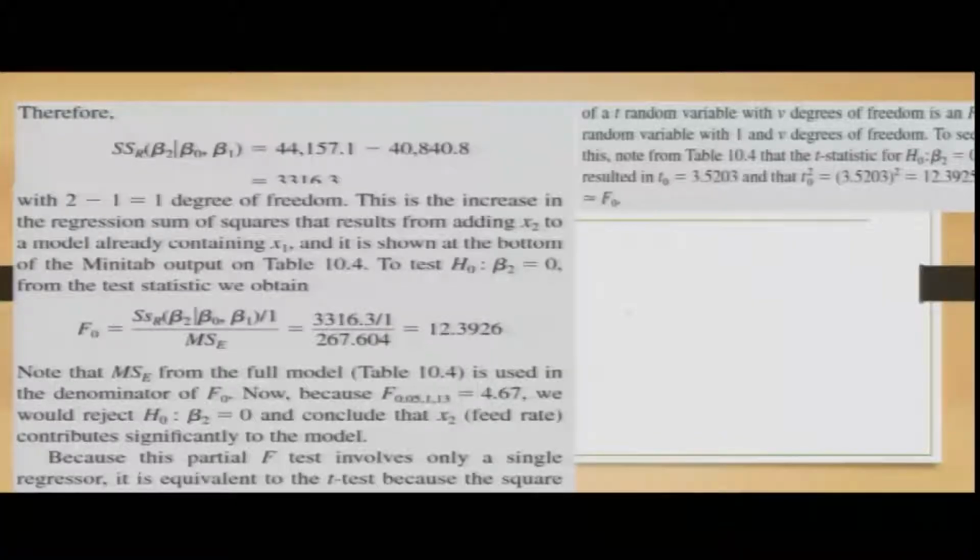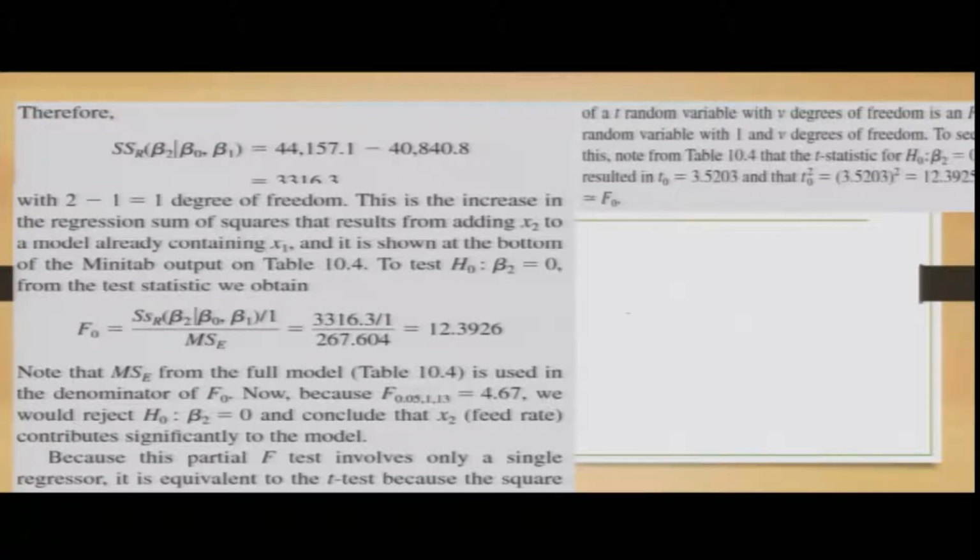Now, to test h naught, which is beta 2 equal to 0 versus beta 2 not equal to 0, you can find the f statistic, which comes out to be 12.39. Note that the mean square error, given in the denominator as 267.604, is used.